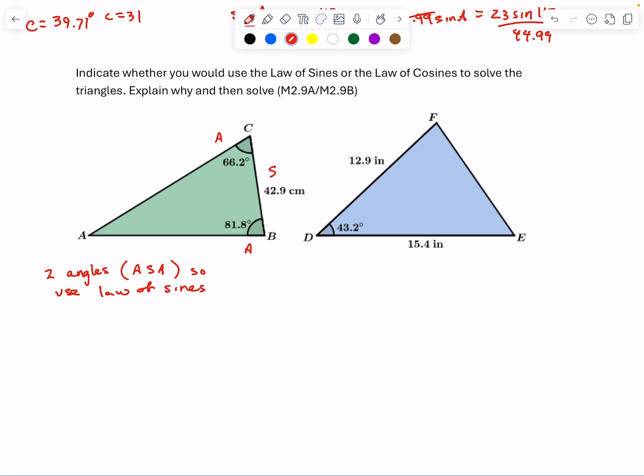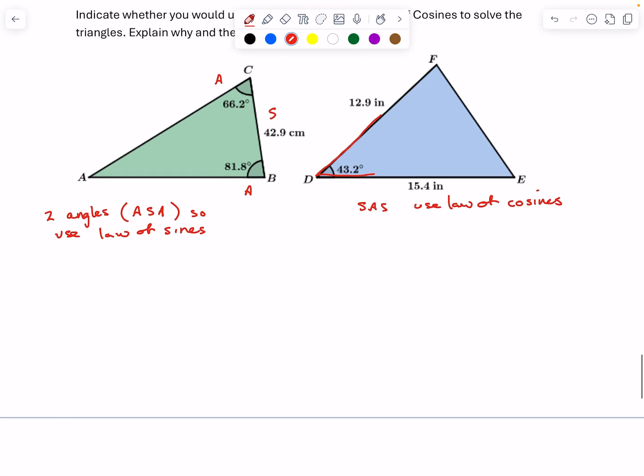Do I have a law of cosines with three numbers? No, I don't. Okay. Oh, I'm just going to write a little note. This is another side angle side. Okay. Side. Incidentally, let me just write a note.